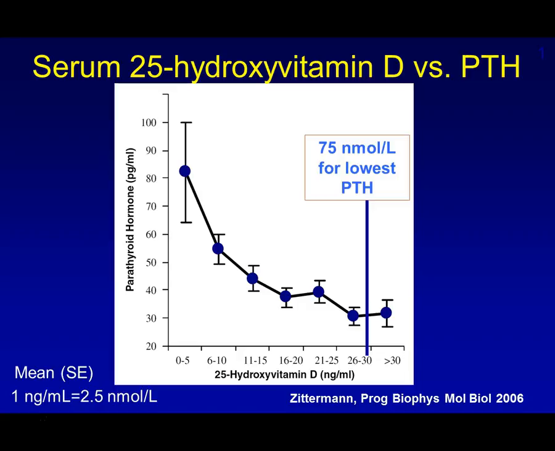The parathyroid hormone is a sensitive marker of low vitamin D status. This biochemical relationship shows that the lowest PTH level is reached at 75 nanomoles per liter of 25-hydroxyvitamin D, and this is a very well used cutoff value for an optimal vitamin D status.